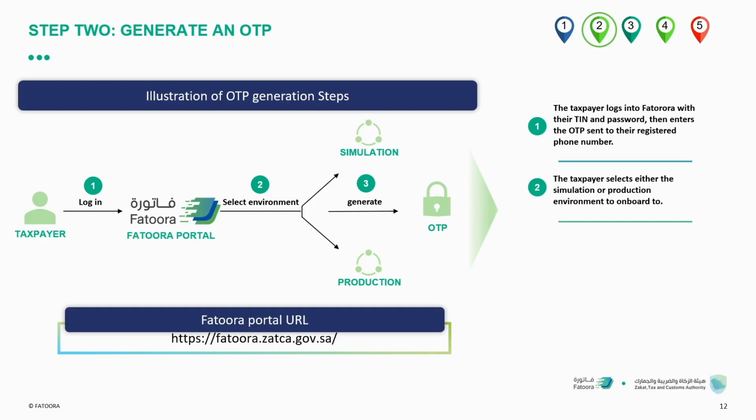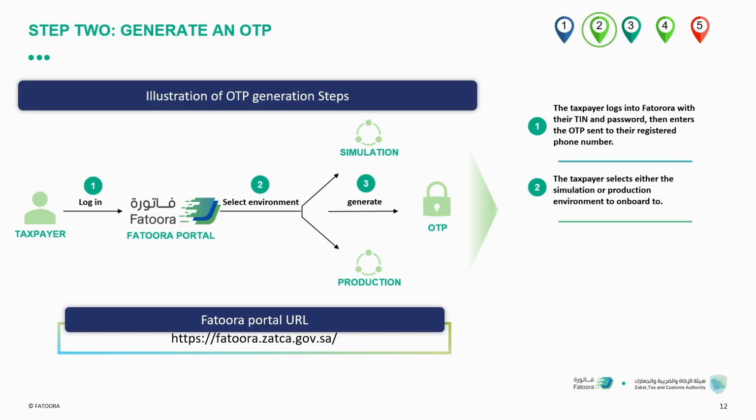The main difference between these two environments is that the simulation environment is only for testing purposes. That means taxpayers can test their systems before officially integrating with the Fatoora platform. While onboarding in the simulation environment is not mandatory, it's recommended to test your solution in such an environment to identify and resolve any potential errors before the live integration.